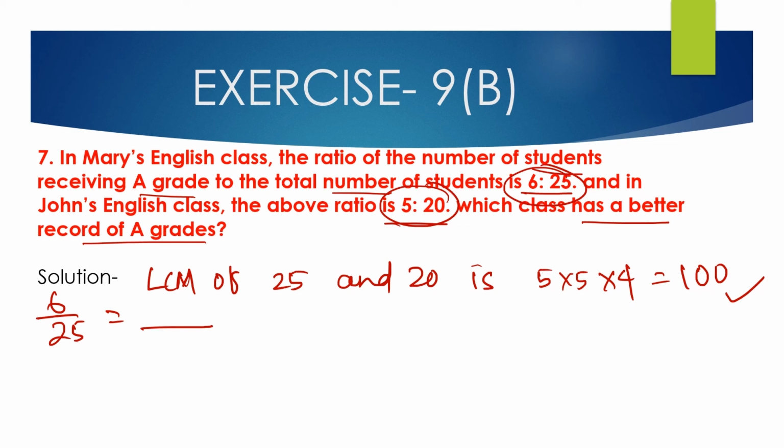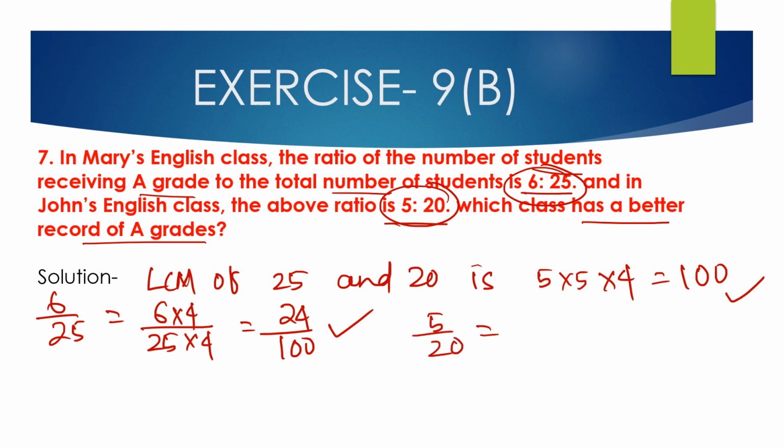We know in the table, 25 multiplied by 4 is 100. So we have to multiply the same number 4 with the antecedent 6. 6 multiplied by 4 is 24. Now 24 divided by 100 is the equivalent ratio of 6 divided by 25.